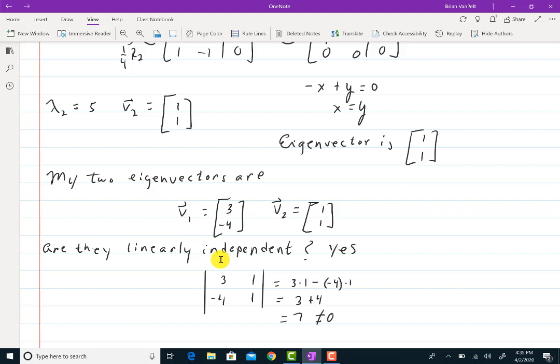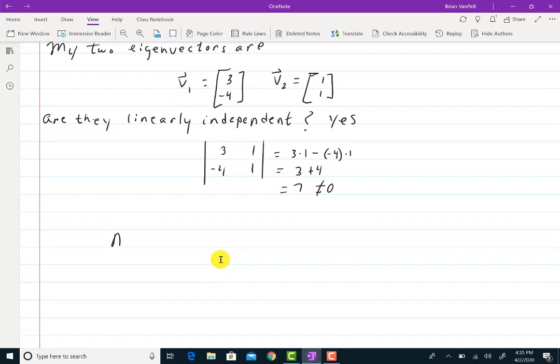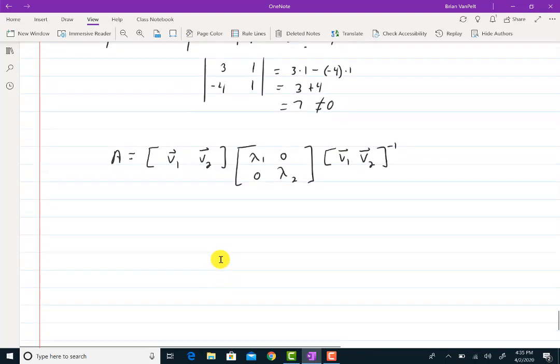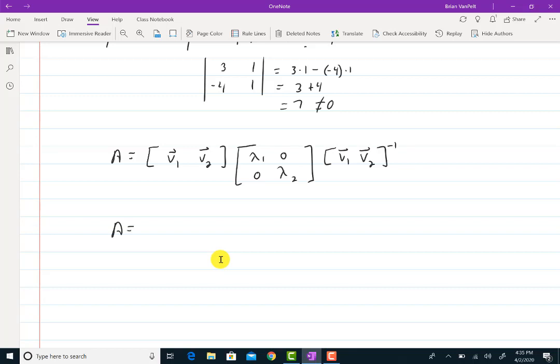And so here's how we construct it. My A, it's only a 2 by 2, so I need 2 eigenvectors. And then I want eigenvalues in order, lambda 1, lambda 2. And then B1, B2, inverse. So in our case here, the V1 was 3, negative 4. The V2 was 1, 1.